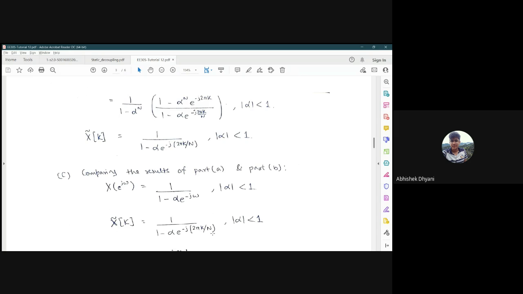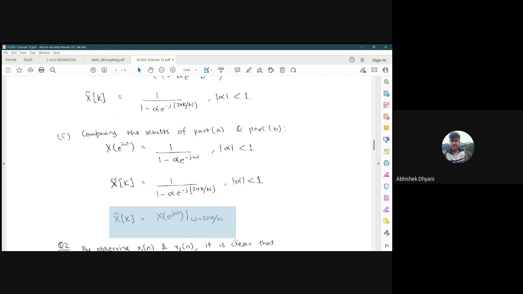That means we can write x tilde k as x e raised to the power j omega with omega substituted as 2 pi k by capital N. Or in other words, the frequency scaling that has occurred is like this, right? Because if you remember, in DTFT we are moving on the unit circle in the z plane, right? And basically we are scaling the unit circle by substituting this thing.